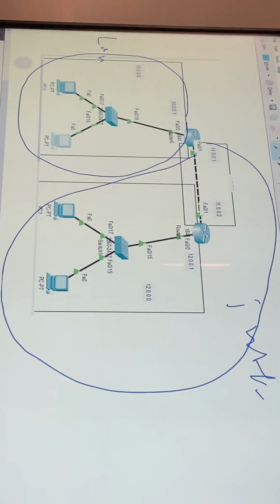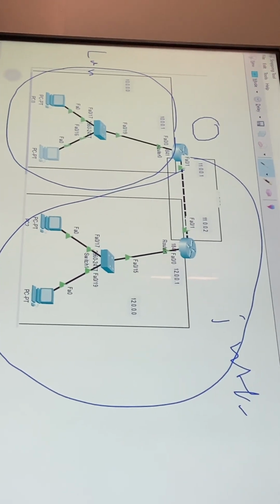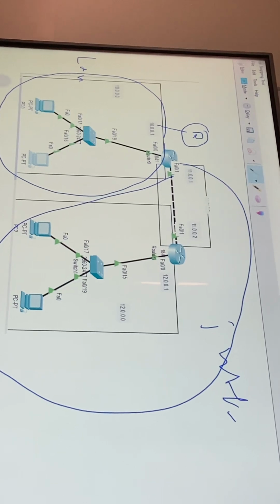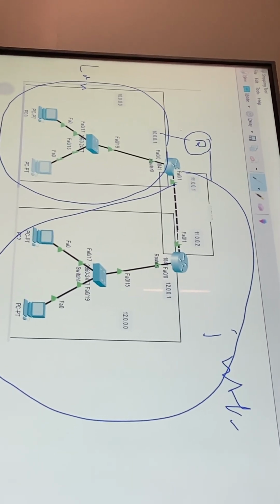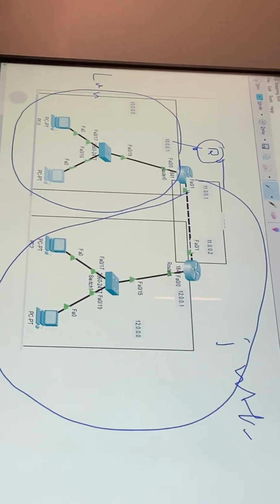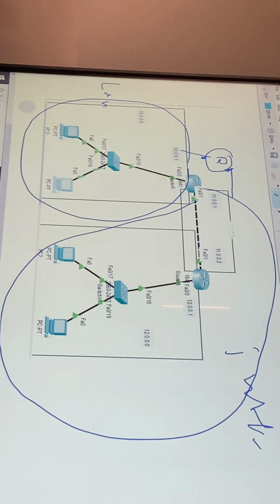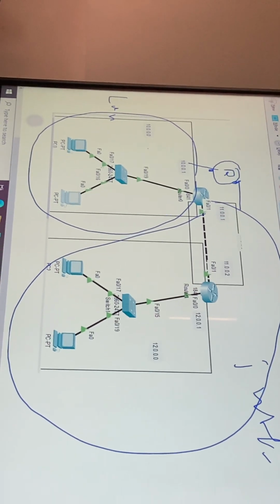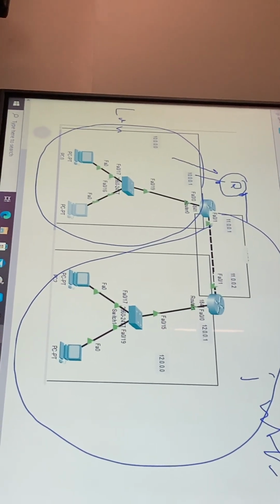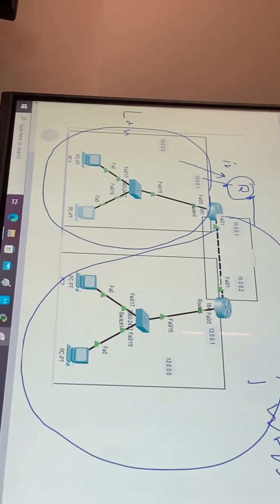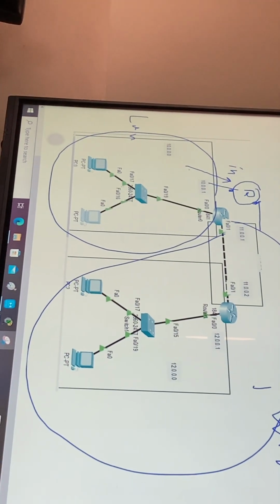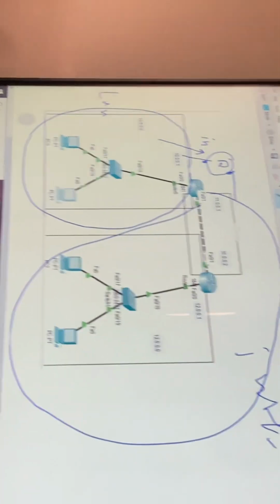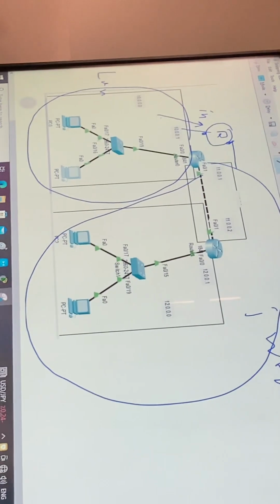This router is connected to the LAN and to the internet, so it has 2 ports. When data goes from the LAN to the router, it is called in, because I'm going inside the router.